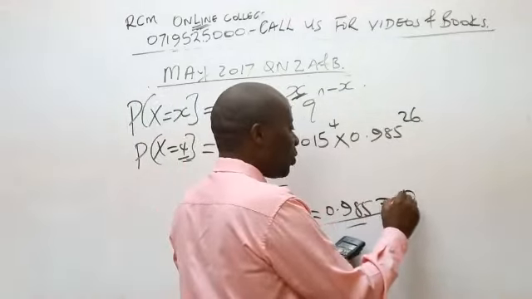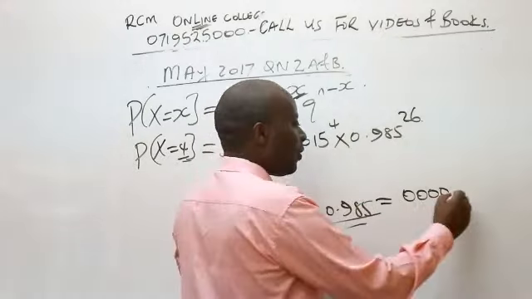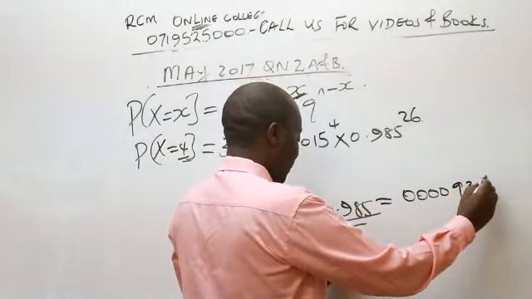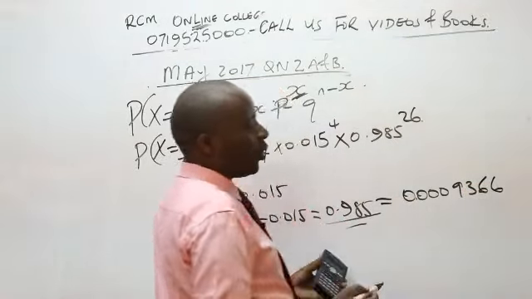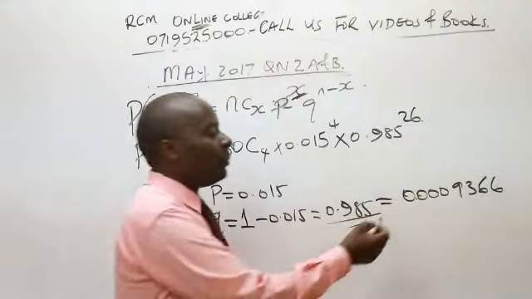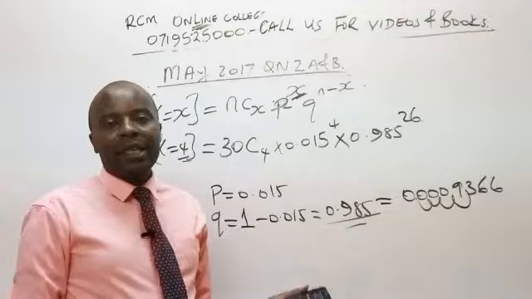It's 4 zeros on the left because of negative 0.4, and then we have 9366. Between the zeros we'll put a decimal there, or you count with 1, 2, 3, 4. You still end up getting the same decimal place.